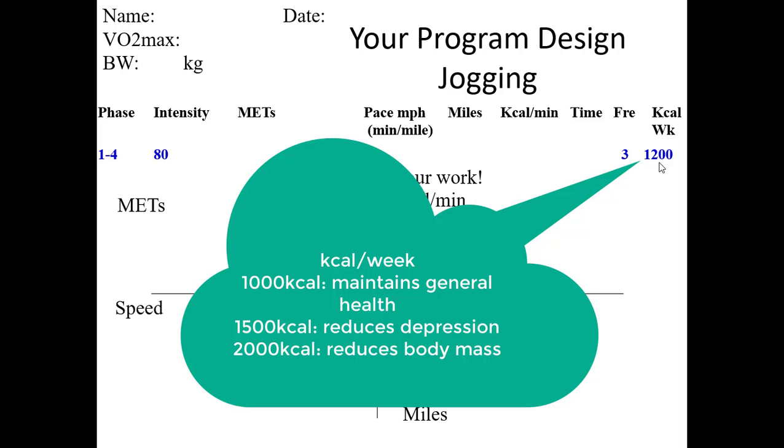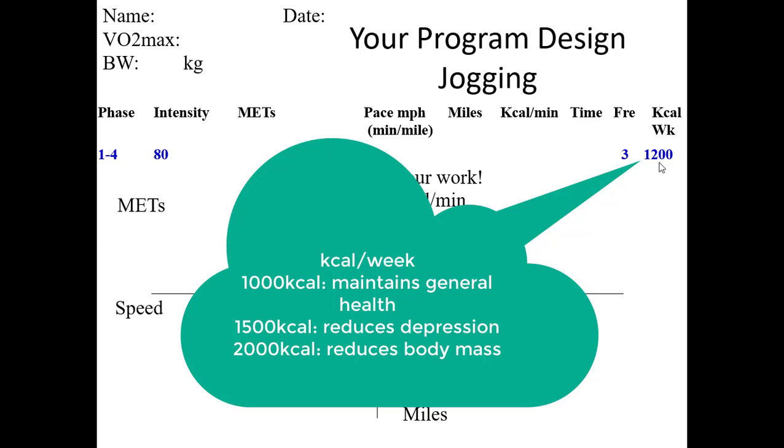For example, you can do 1000 kilocalories per week, or 1500, or 2000. But in this case, this person chose 1200 kilocalories per week.